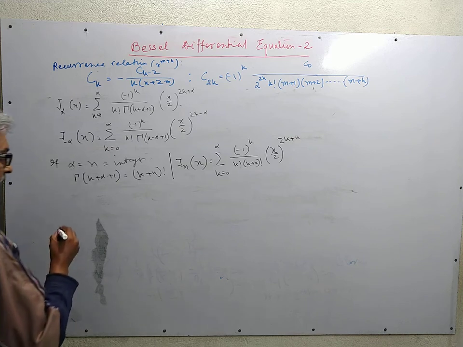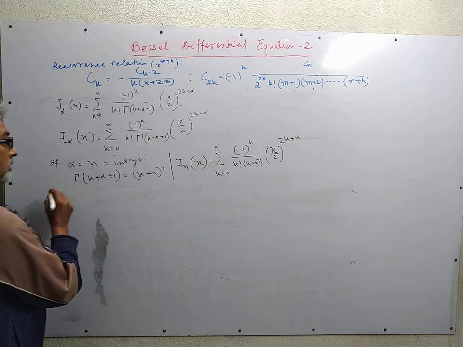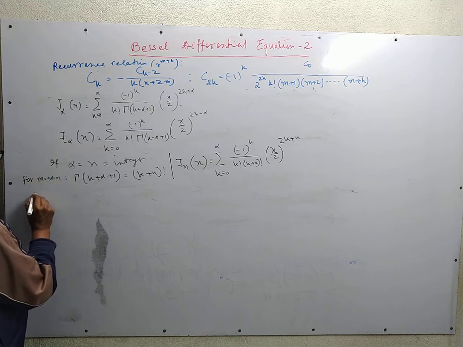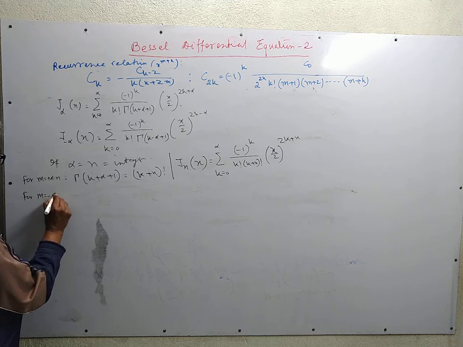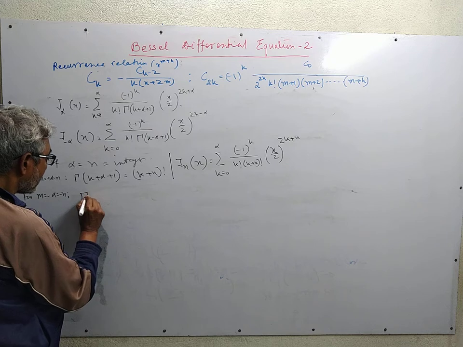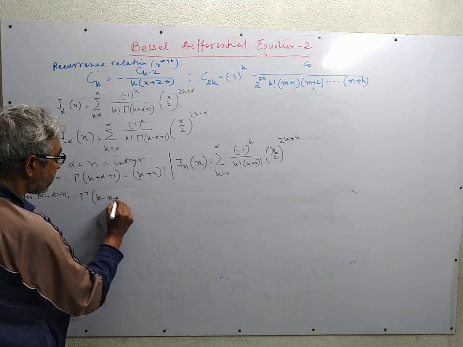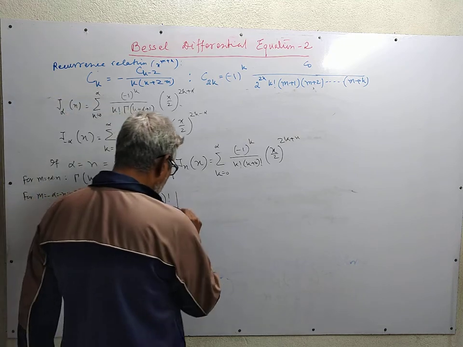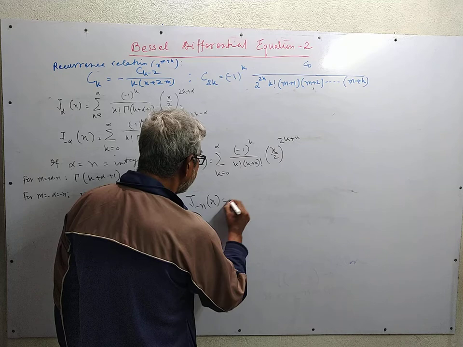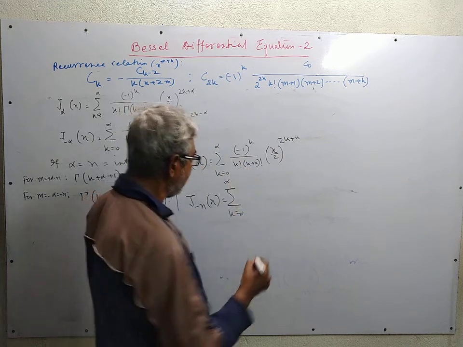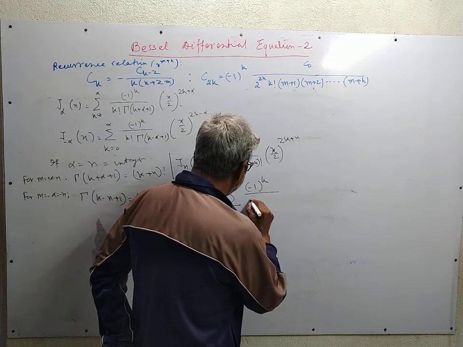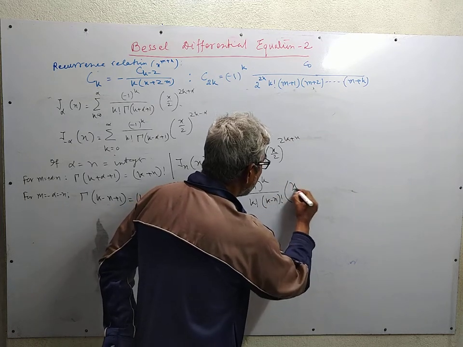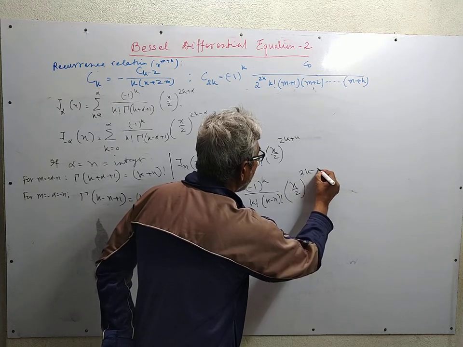Now we are coming to J of minus alpha. For m is equal to plus alpha is equal to n we have the above, and for m is equal to minus alpha is equal to minus n we have gamma of k minus n plus 1 is equal to k minus n factorial, and consequently J of minus n of x is equal to summation over k is equal to 0 to infinity of minus 1 to the power k over k factorial, k minus n factorial, x by 2 to the power 2k minus n.